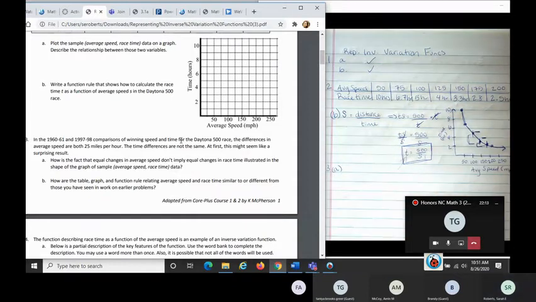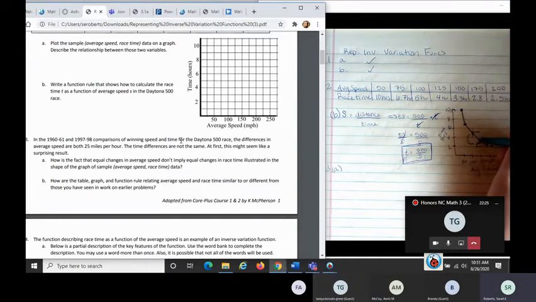So our graph is showing that statement that they made, because at first there's a steep curve between points. But as you go down, that curve gets less and less steep.